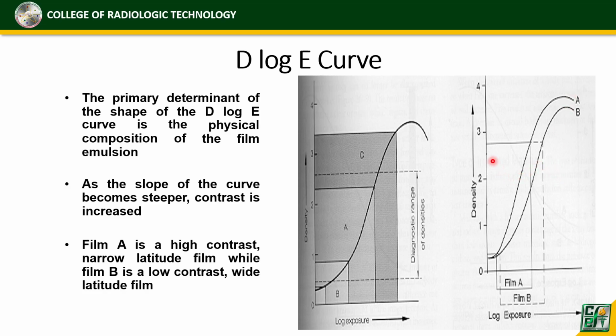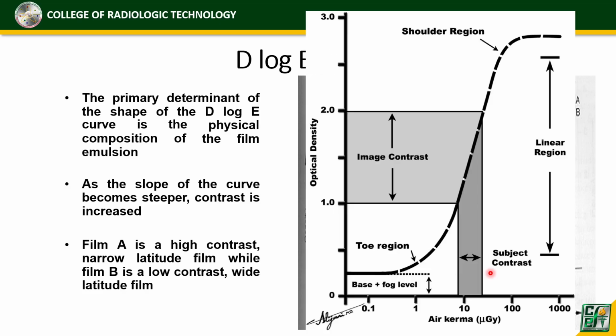Okay? So, film A, high contrast. Film B, low contrast. Wide latitude. Wide yung latitude, narrow yung latitude ng film A. So again, ito yung linear region niya.